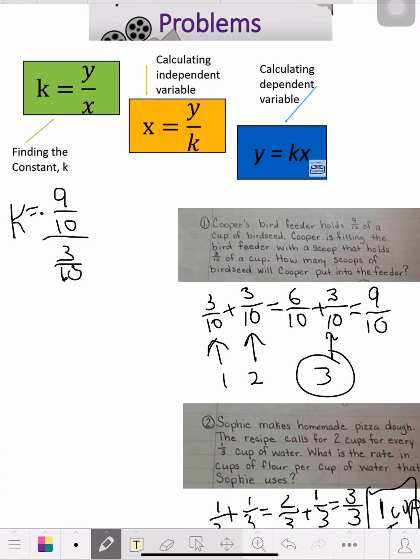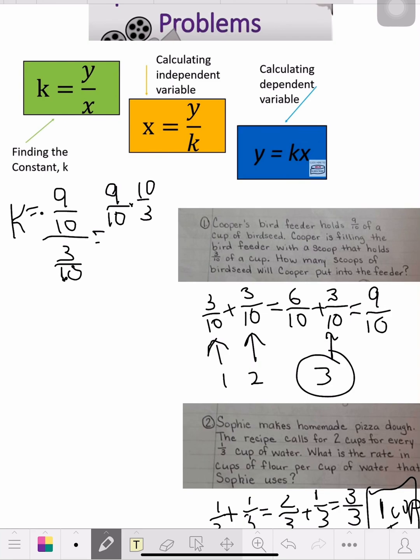And now if you remember how to divide fractions, that equals 9/10, and you flip the other one, so you get 3 over 1. You flip it and you multiply. That's the way you divide fractions that we had learned before.